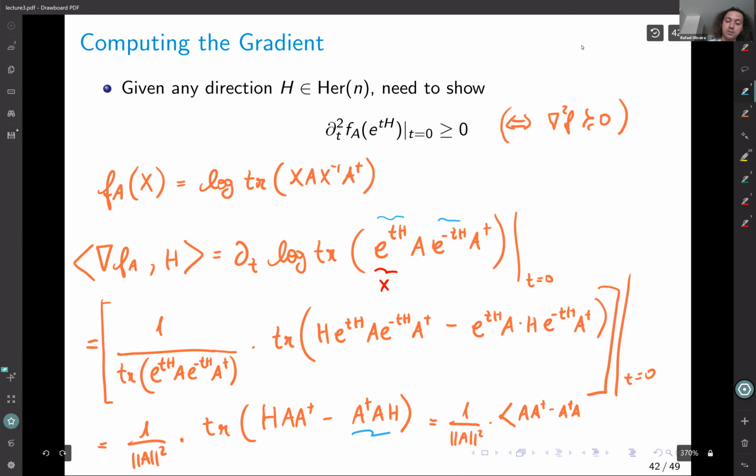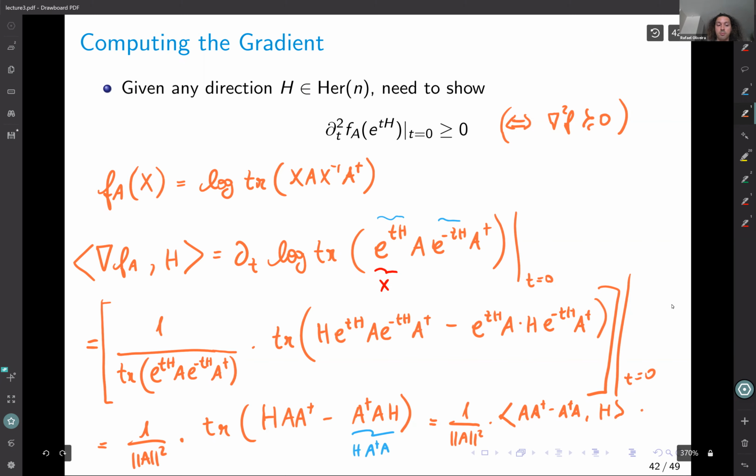The trace is cyclic, so this is also h, a dagger a, because h is symmetric. Well, this is the cyclic property of the trace anyways, so it doesn't matter. And we have h, but because h is symmetric, h is equal to h dagger, right? So we can certainly apply this inner product. All right, so then we have here h.